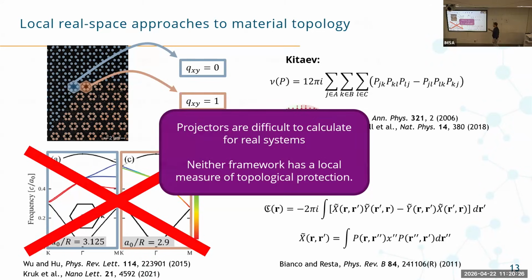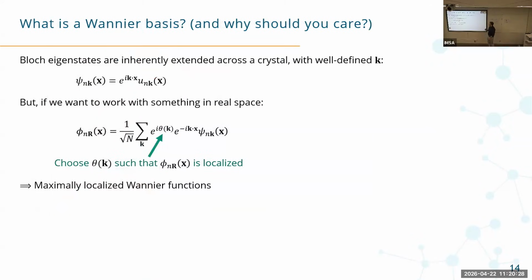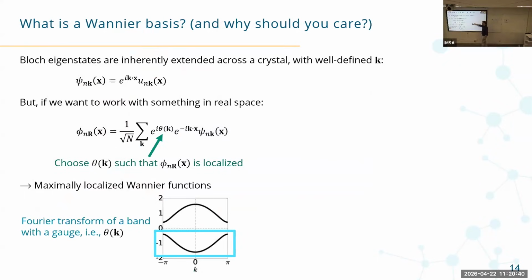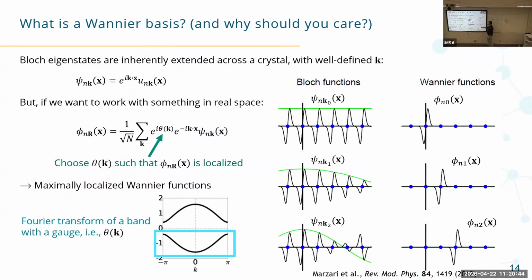So there's a more modern flavor of topology or topological classification that starts with the idea of a Wannier basis. So rather than talking about band invariants, I take a Fourier transform of my Bloch eigenstates of a single band, and this lets us describe localized Wannier functions that live on single sites.